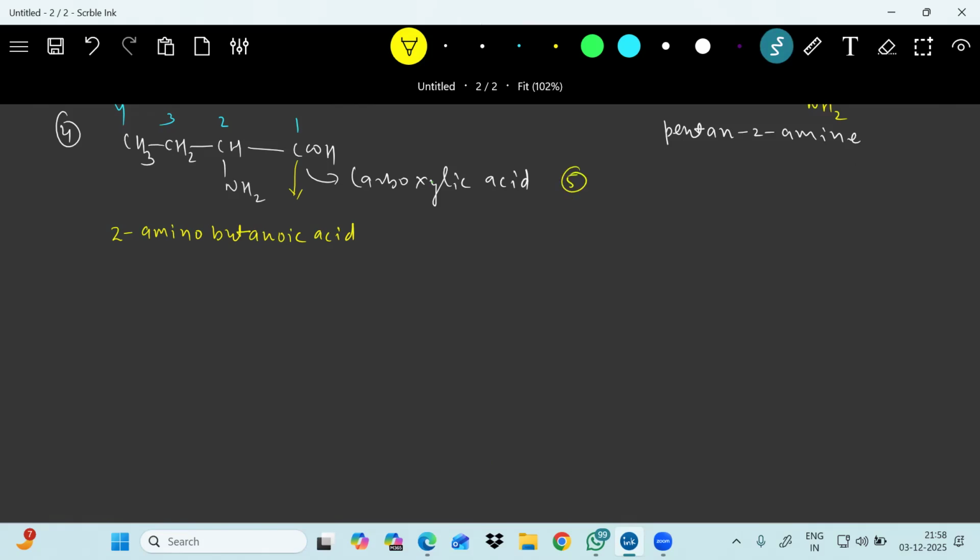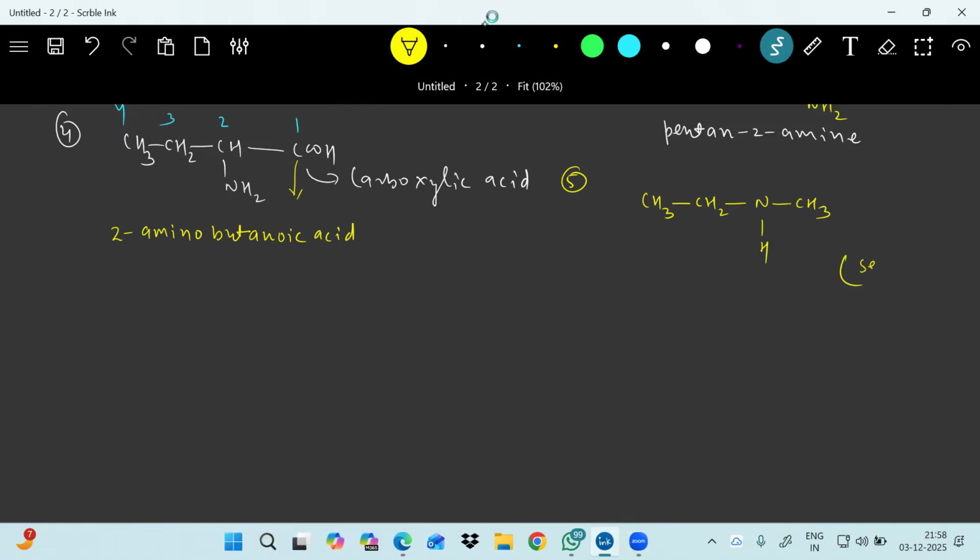If CH3, CH2, nitrogen and again CH3 is there, suppose this is a secondary amine. What will we do? What is the IUPAC name of this compound?